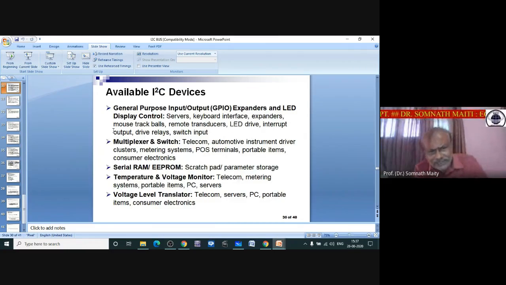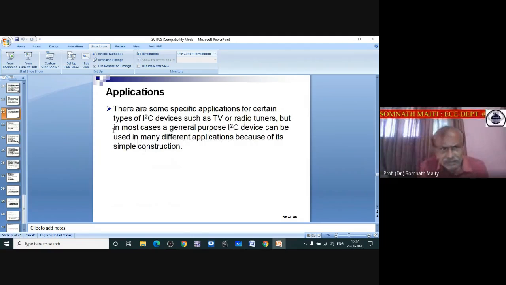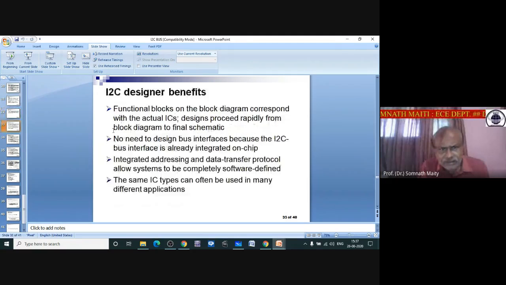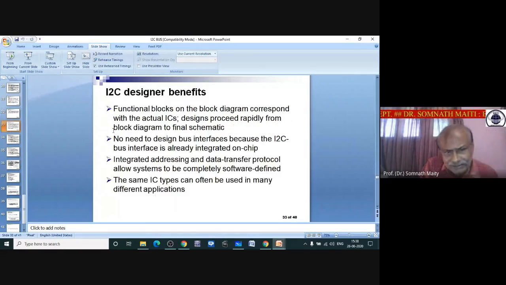There are several others: erasable EEPROM, serial ROM, temperature and voltage controller. There are some specific applications for certain types of I2C devices such as TV or radio tuners. But in most cases, general purpose I2C devices can be used in many different applications, as I showed in the last slide.